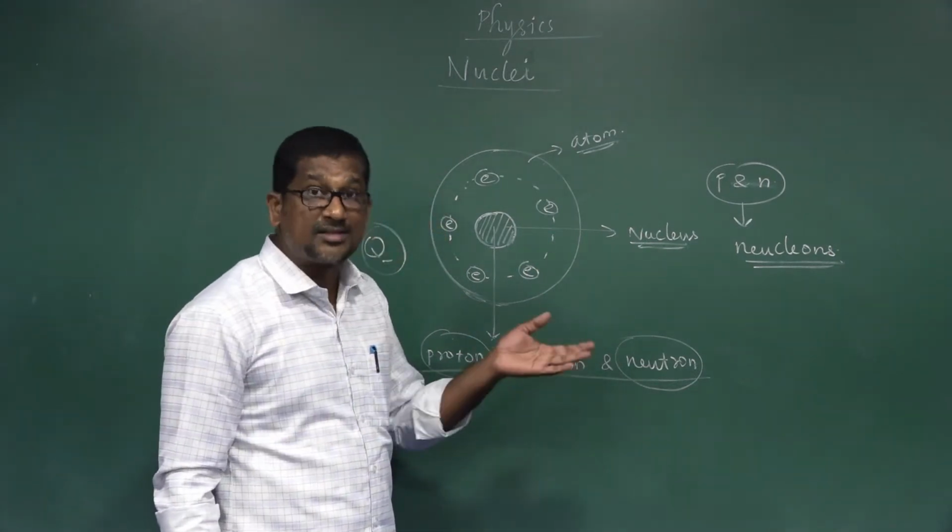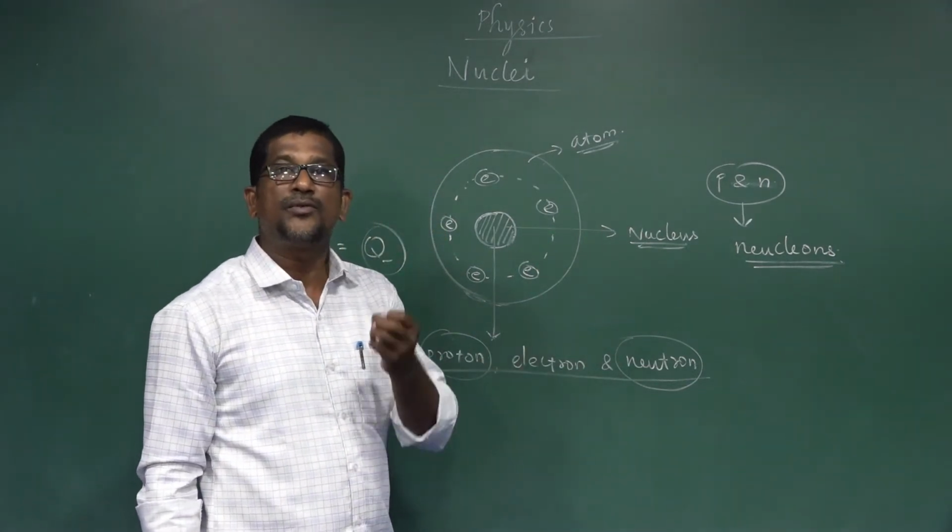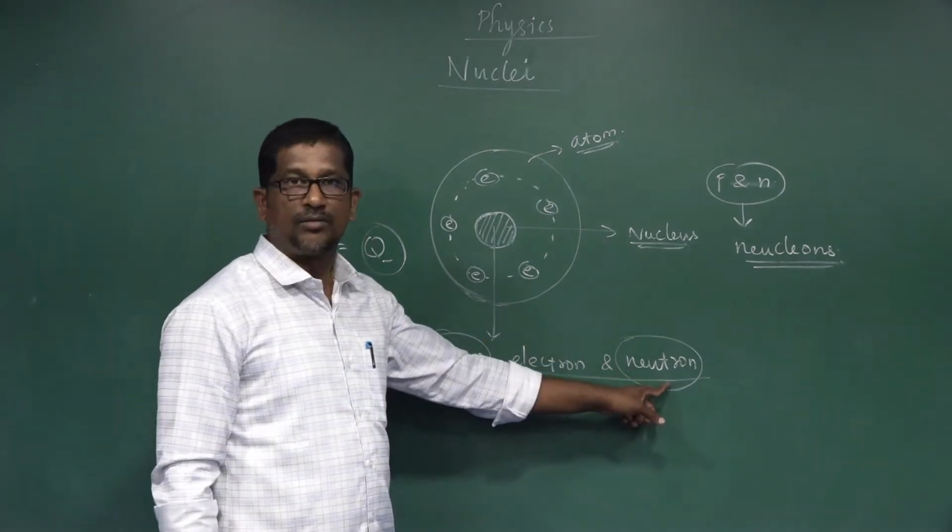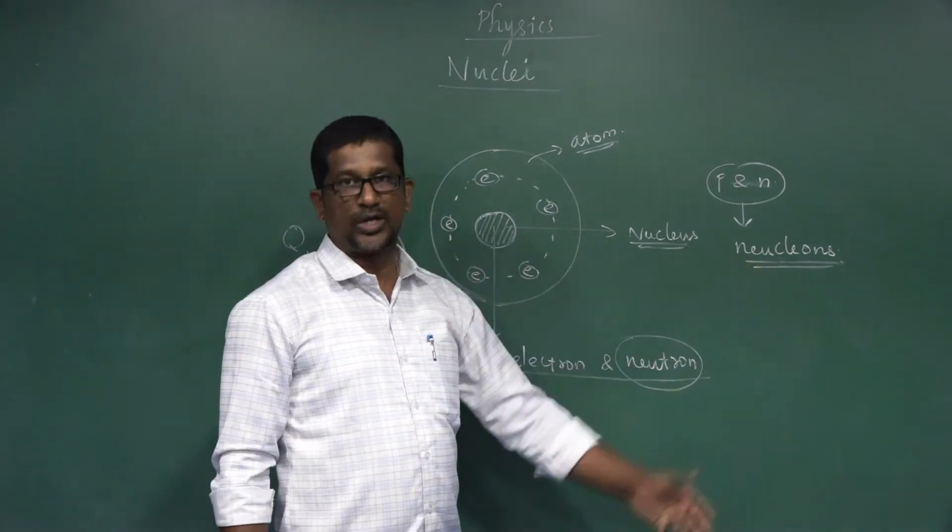The elementary particles of an atom are proton, electron and neutron. The elementary particles of a nucleus are proton and neutron, and they are combinedly called nucleons or nuclear particles.